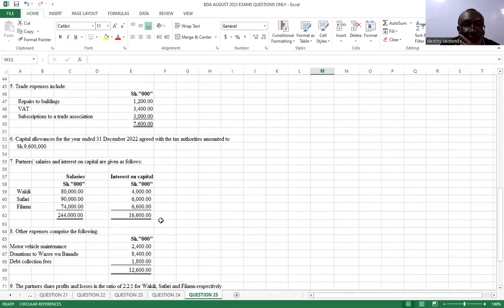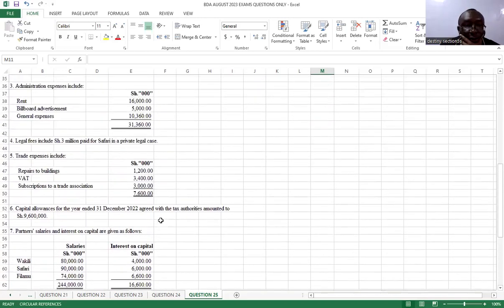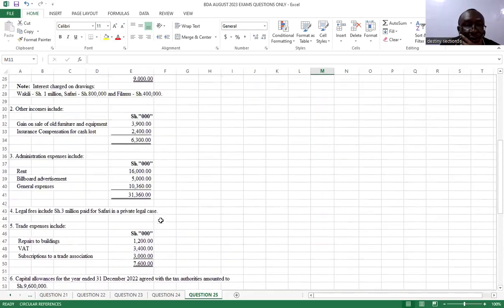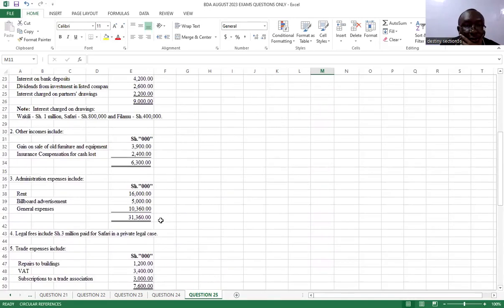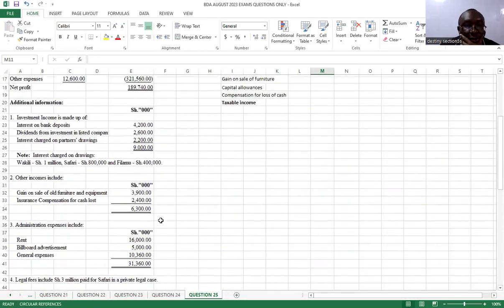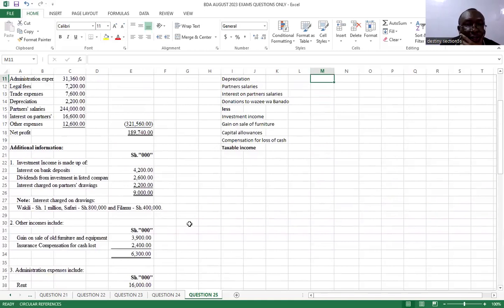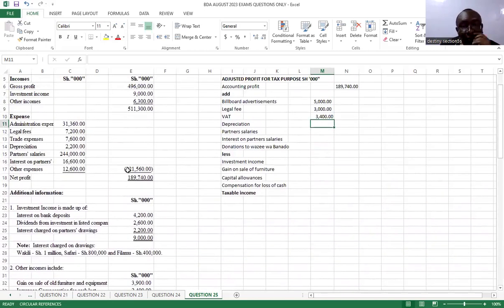Yes, it's part of this one here. It's not part of the additional information. This one. So we will say equals. Then we have the partner salaries. It's explained here. So that one we'll have to pick direct. This one.